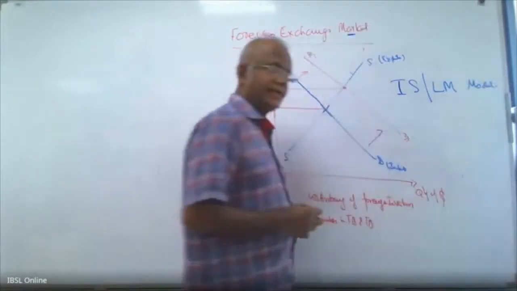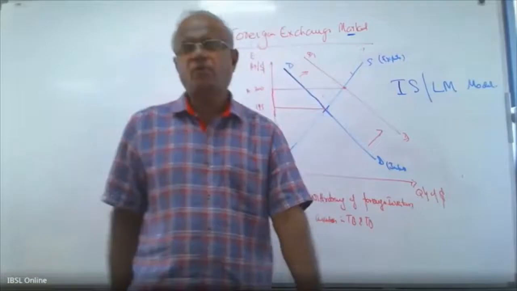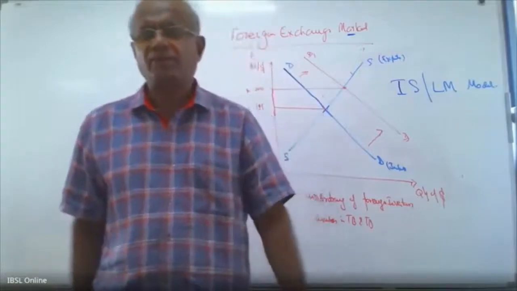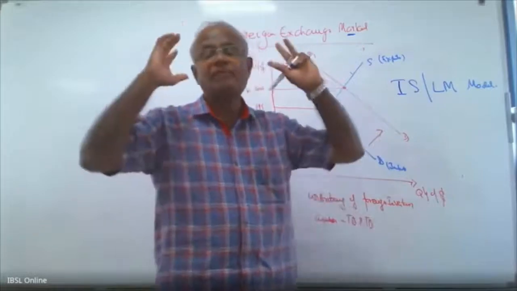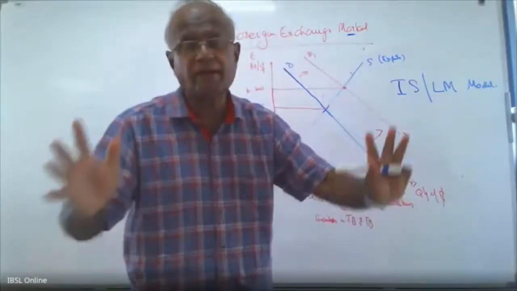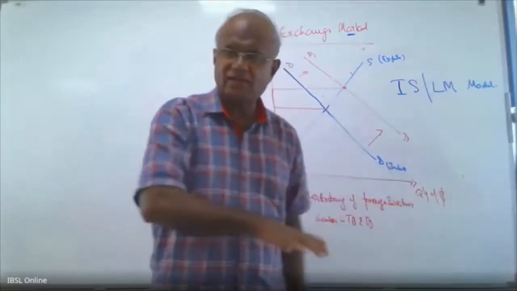At the beginning, I mentioned the various models: national income model, aggregate demand aggregate supply model, and the ISLM model. The ISLM model is like the demand and supply curves in microeconomics: the IS curve and the LM curve.